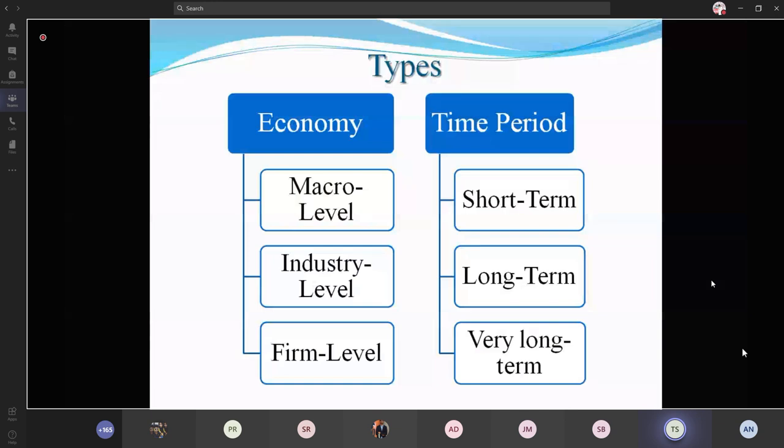And this forecasting was based on the judgment of the experienced staff within the industry, within the firm itself. So this short period forecast generally refers to a year, and this judgment was based on experienced staff or experts within the industry or within the particular economy, particular area.